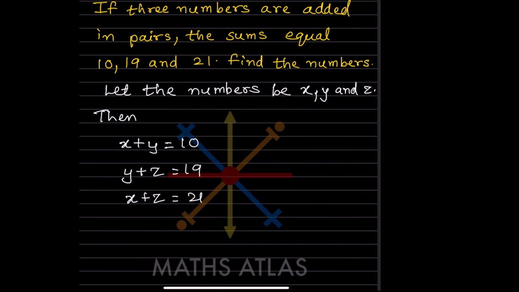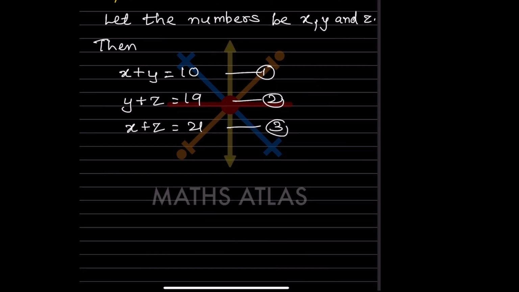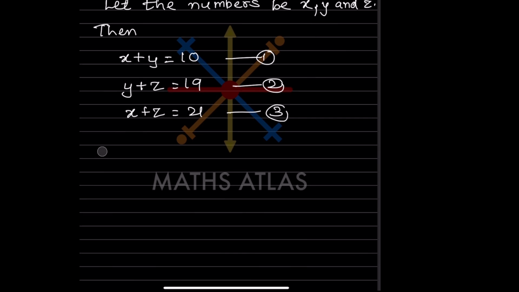So now what will you do? We can consider this as equation number 1, this as equation number 2, and this as equation number 3. So we will add all the equations, 1, 2 and 3. What do we get here?